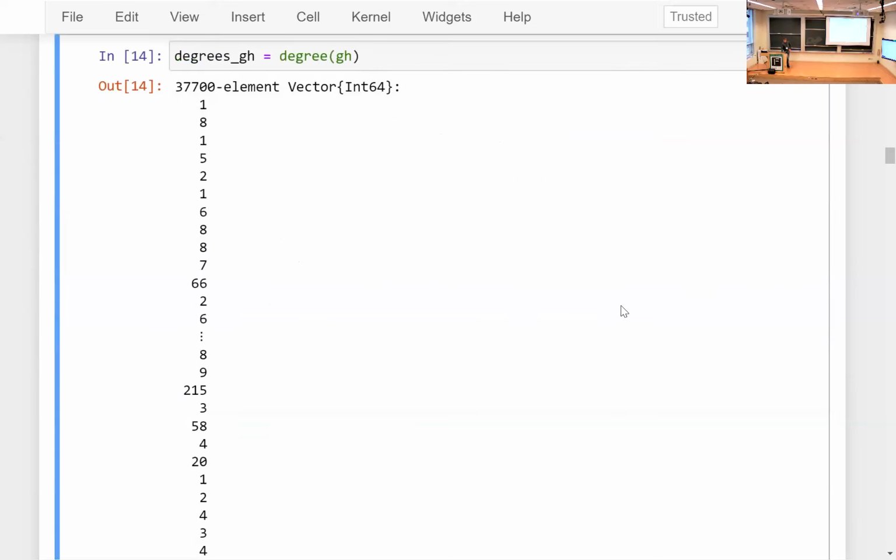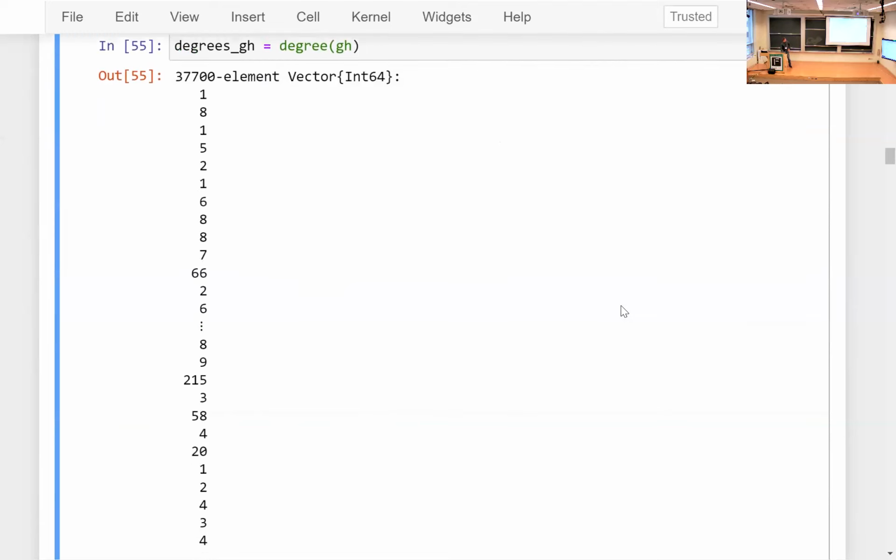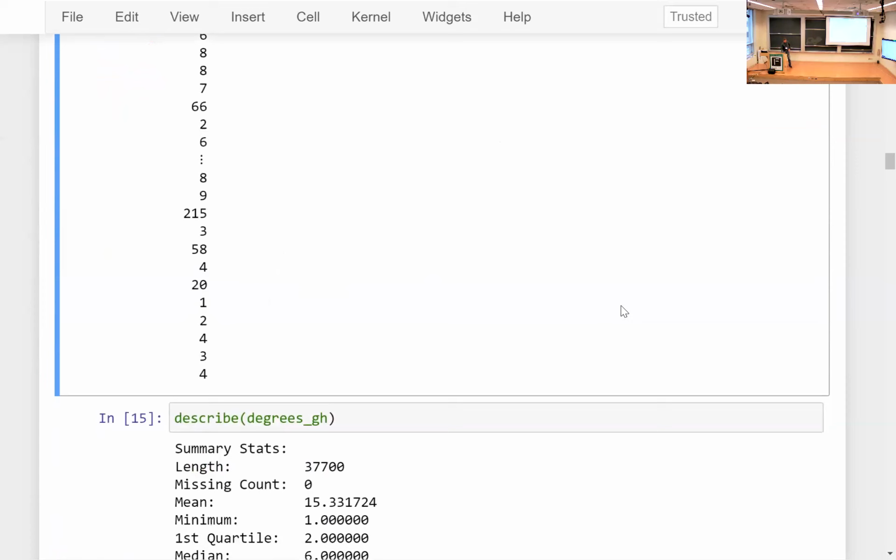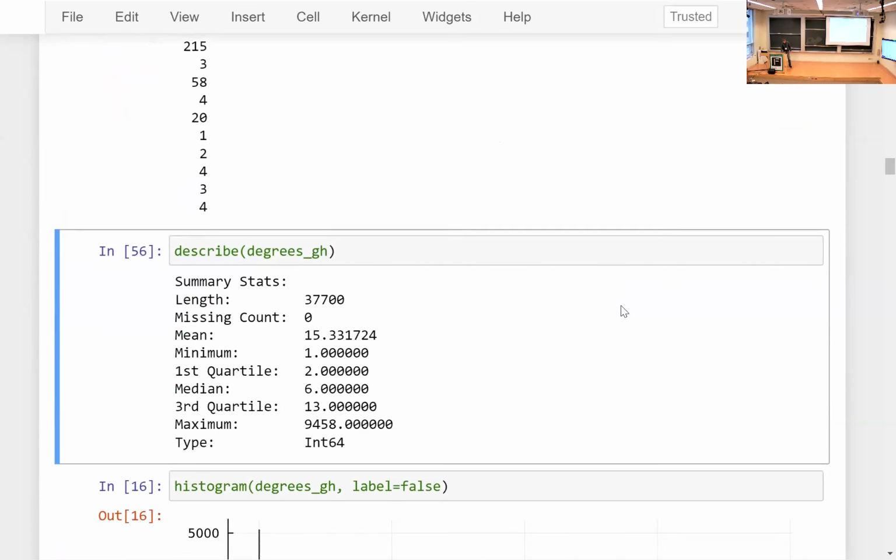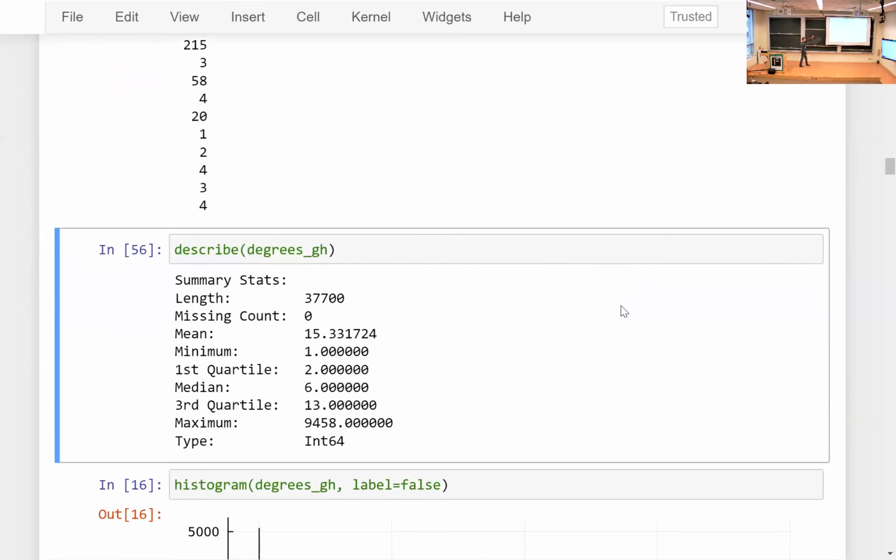So before we start, let's have a look at degrees of this graph. With the degree function, I get a list of degrees. I can describe it, and I see that the mean degree, and please remember it, is around 15, and the maximum degree is 10,000, again, Remco style, like we have these very heavy nodes.